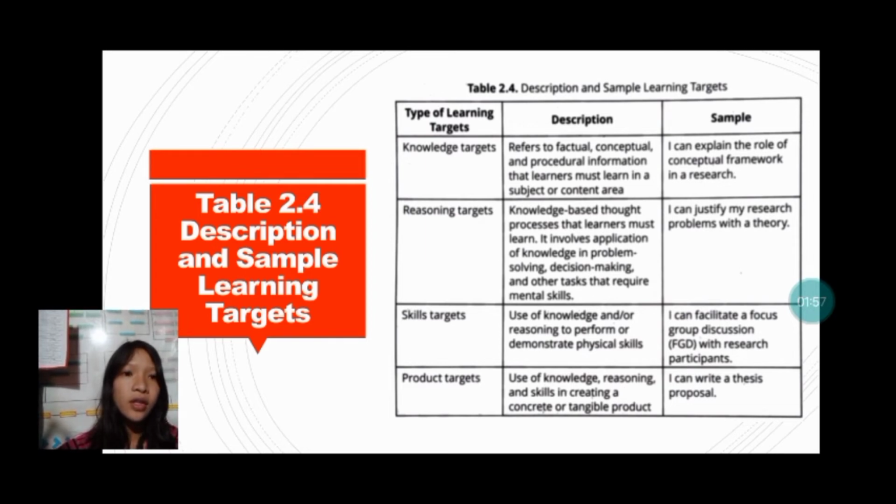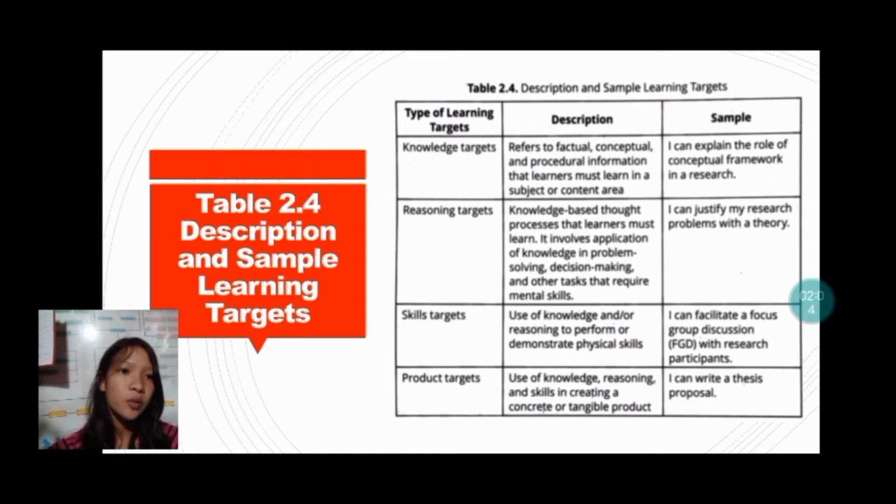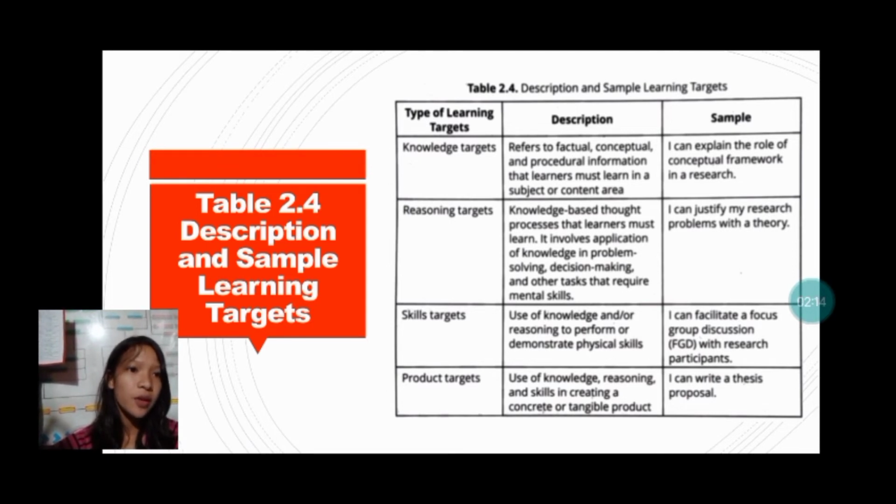On reasoning targets, the description is knowledge-based thought processes that learners must learn. It involves application of knowledge in problem solving, decision making, and other tasks that require mental skills. Example, "I can justify my research problems with a theory."